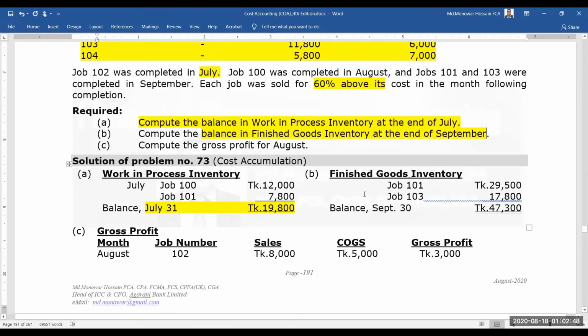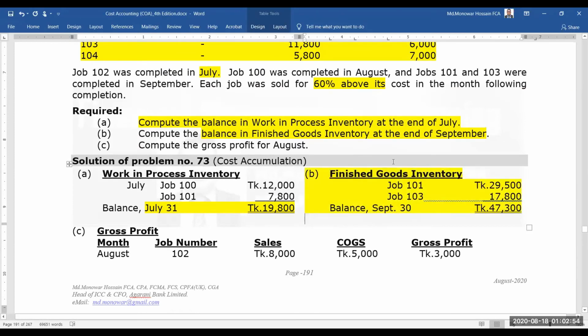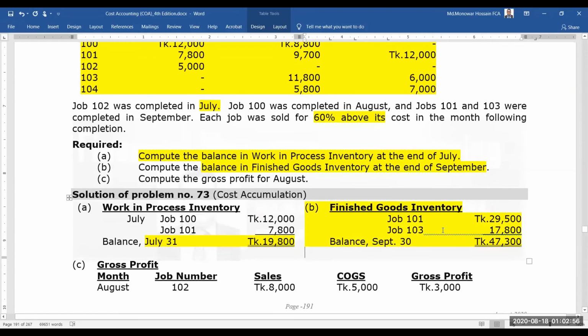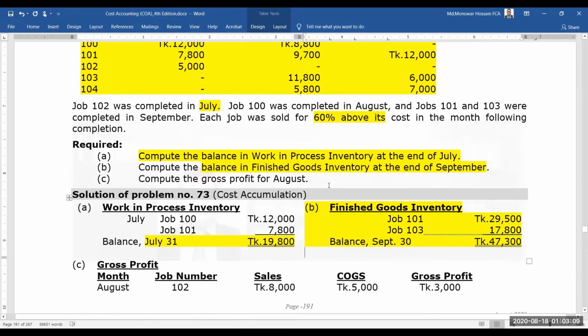So at the end of September, the balance of finished goods would be 47,300, because job 101, it would be the finished goods balance, because here, look here, each job is sold at cost in the month following. So here, jobs 101 and 103 are in the finished goods inventory till September 30.